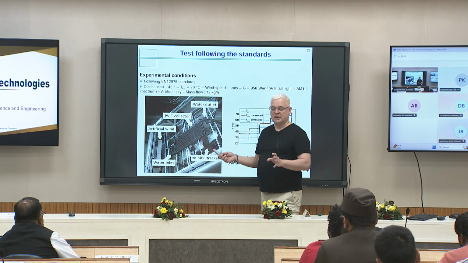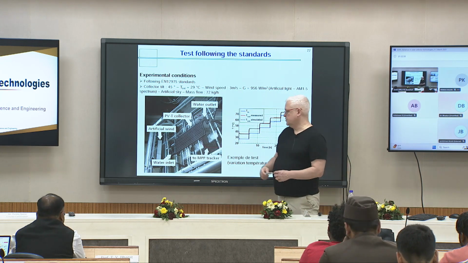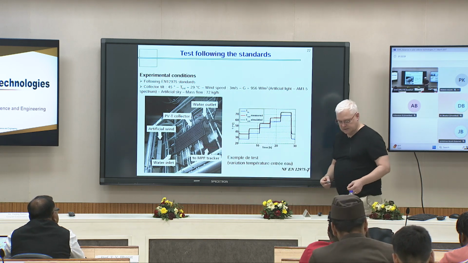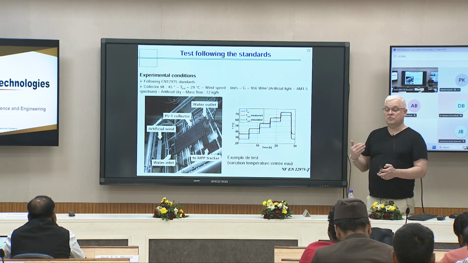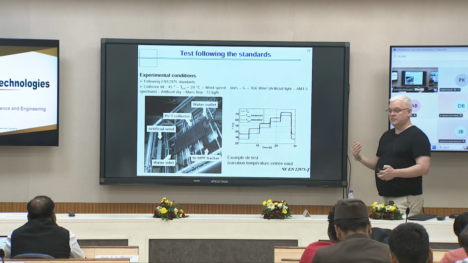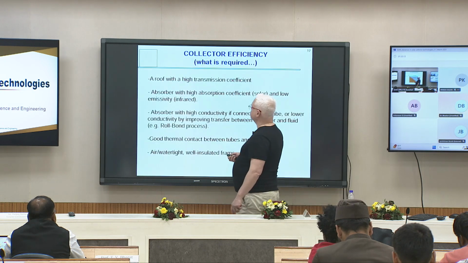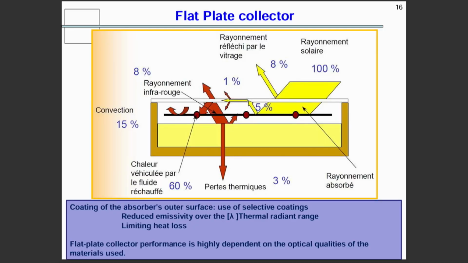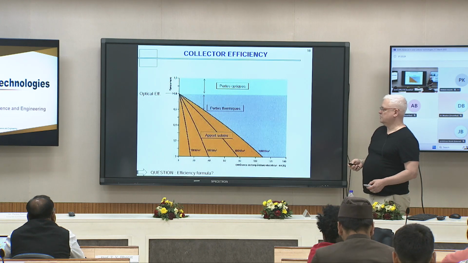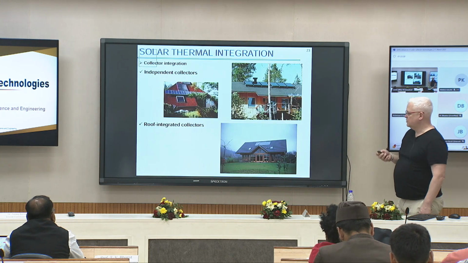If you don't do that, you will overestimate the efficiency because the emission of the solar thermal in the direction of the celestial vault will not be taken into account. So you are neutralizing a part of the loss, which is 8%. So it was just a side note, but important when you test solar thermal in controlled conditions.